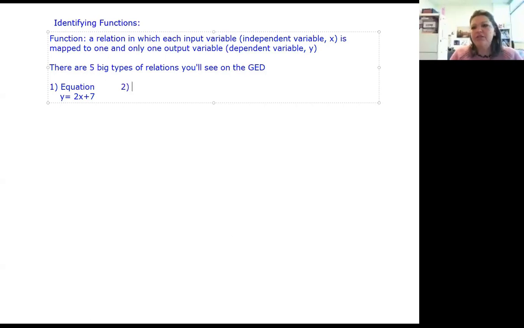Another type of relation that we might see is a set of points. We can see a set of points in 2 different ways. So now I get to go back and change it to 4. Again, I keep changing my counting on you. But a set of points could come up on the GED. Now, we write sets of points different ways. One way you might see a set of points is like this.